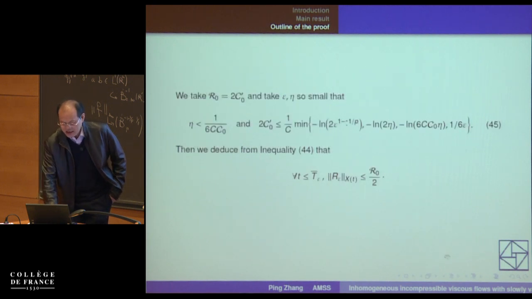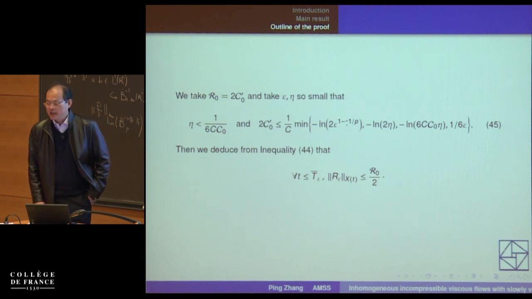So, last step: as long as we choose R0 equal to 2 C0 prime, and epsilon and eta sufficiently small, like eta less than or equal to this constant, and C0 and epsilon sufficiently small such that this is bounded by the minimum of this constant, eventually we can prove that for t less than or equal to this T bar epsilon, we have R epsilon in X of t less than or equal to R0 over 2.